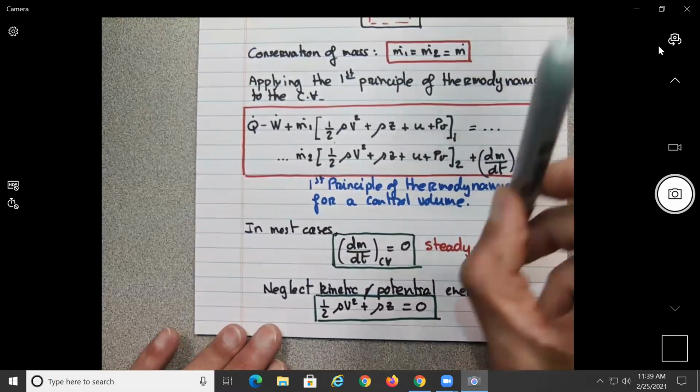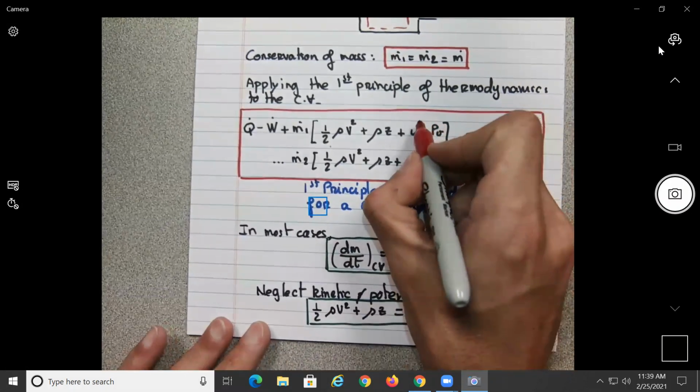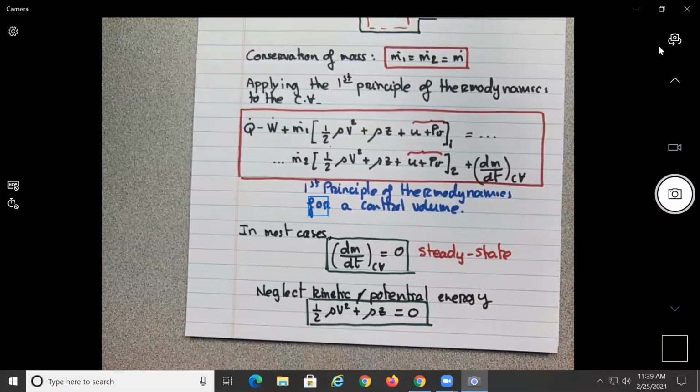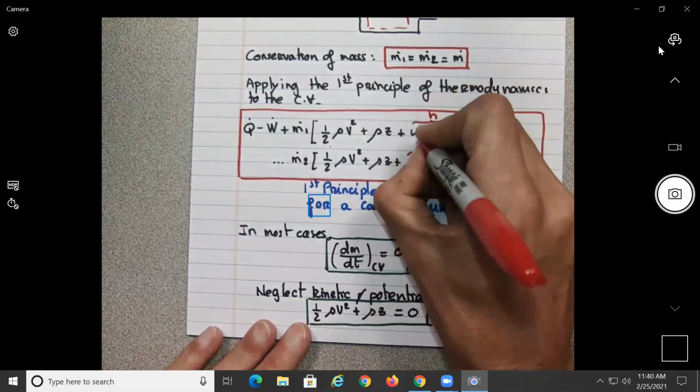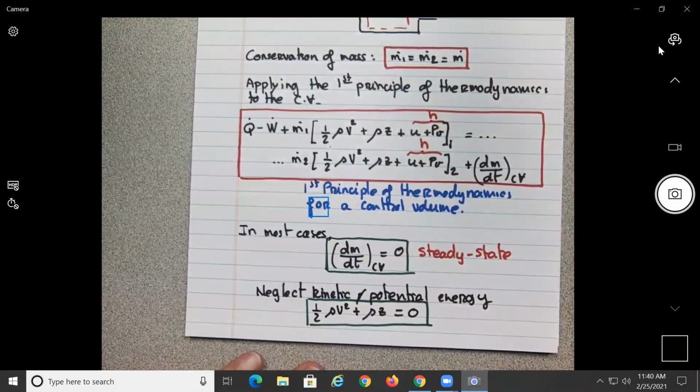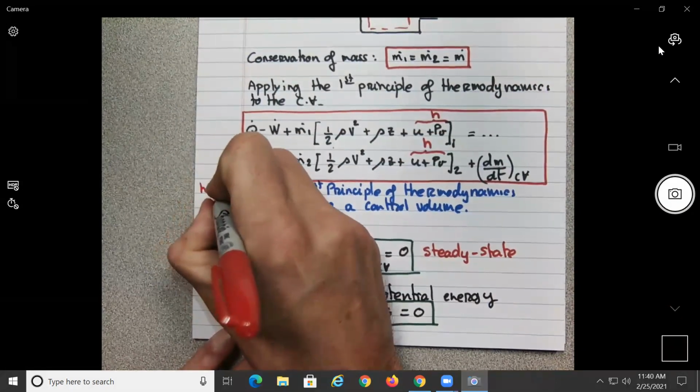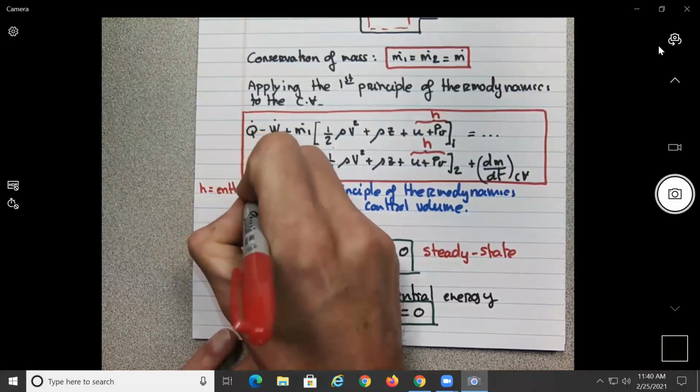And last, it's not going to be an assumption. I need to go back over here. What is U? Internal energy plus work done by the pressure. What is that quantity? Remember, how do we define that quantity? That was enthalpy. So this is enthalpy, this is H.